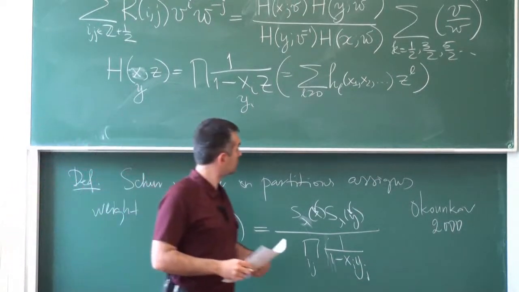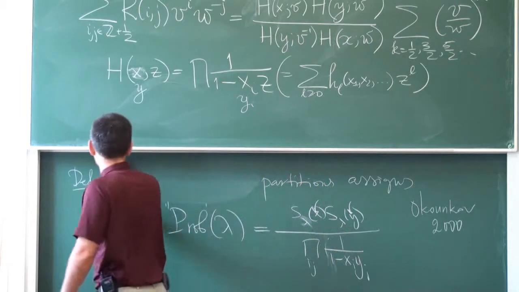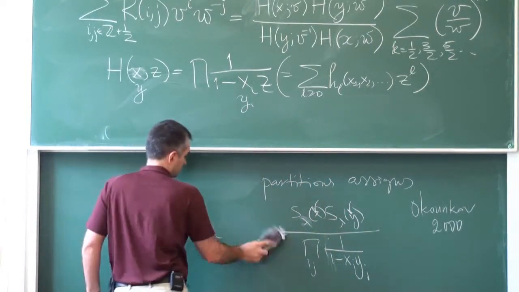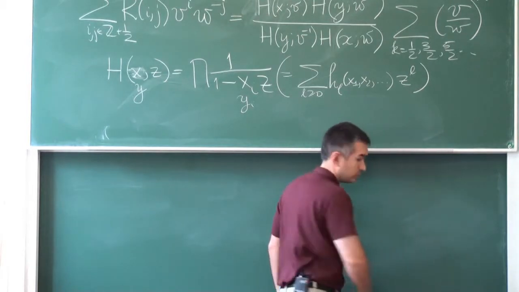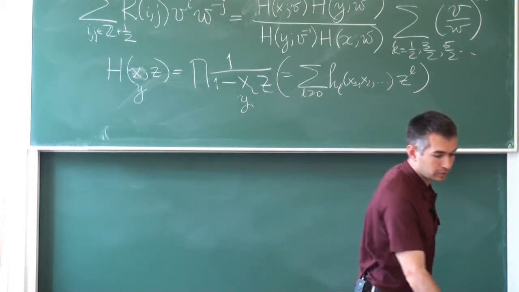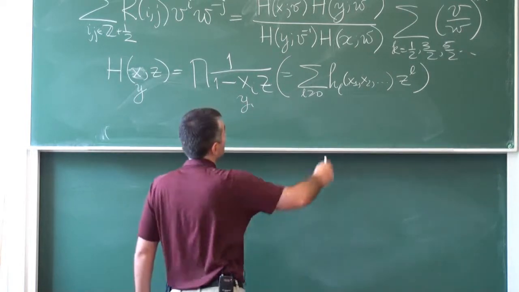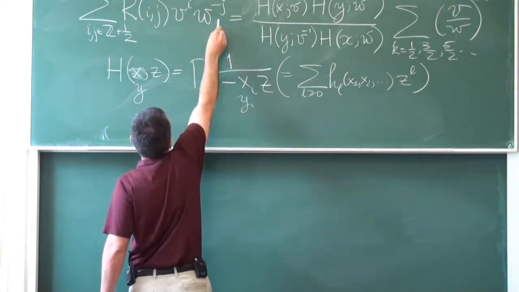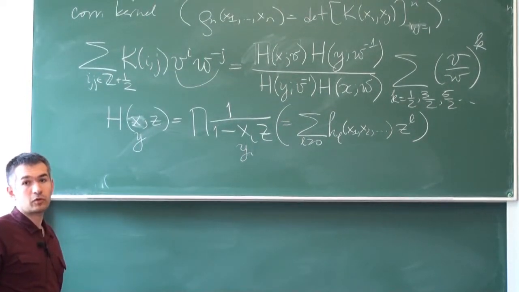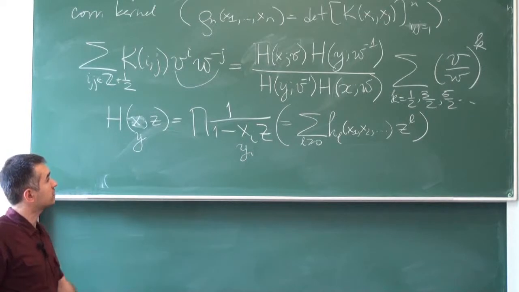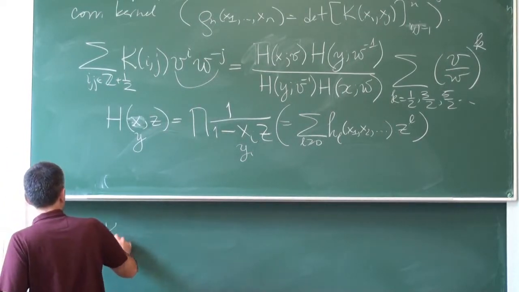Now, this is a formal sum, but it's not hard to extract. So what I need to do now, if I want to do some analysis, is extract the coefficient of this object from the right-hand side, if I open the right-hand side as a power series, and that can be done as a contour integral.